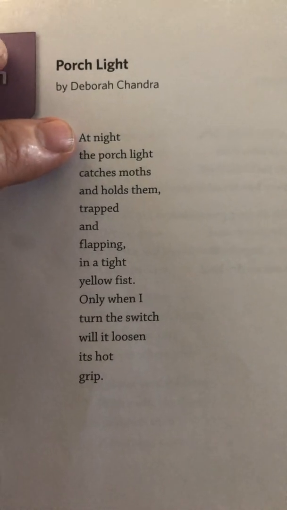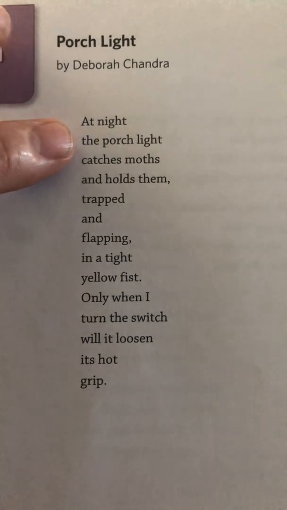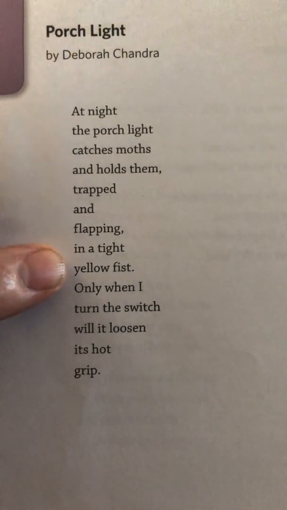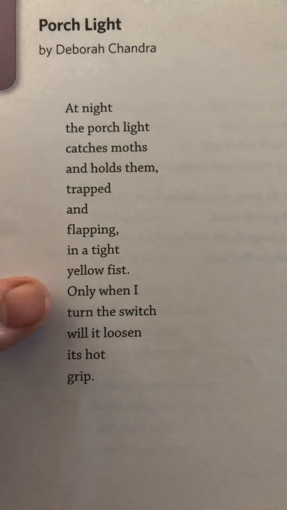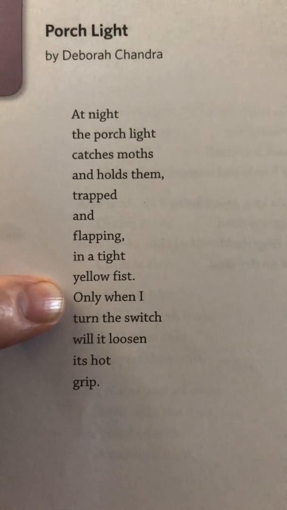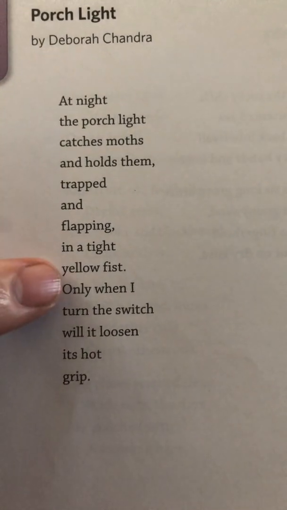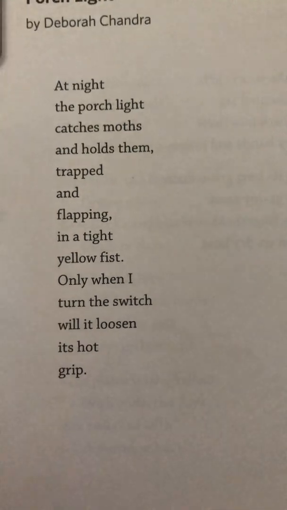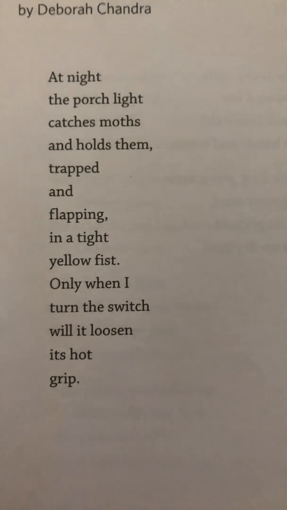And the poet has decided to use a capital letter to start it, but then many of the other lines don't have capital letters until there's a period at the end of Yellow Fist. Then the poem starts with another capital letter and continues until there's a period. So it's as if this is one long sentence, right? But it's presented vertically, and then there's another sentence. So this is one stanza, and we could call it 2 sentences, and each line starts on the margin.